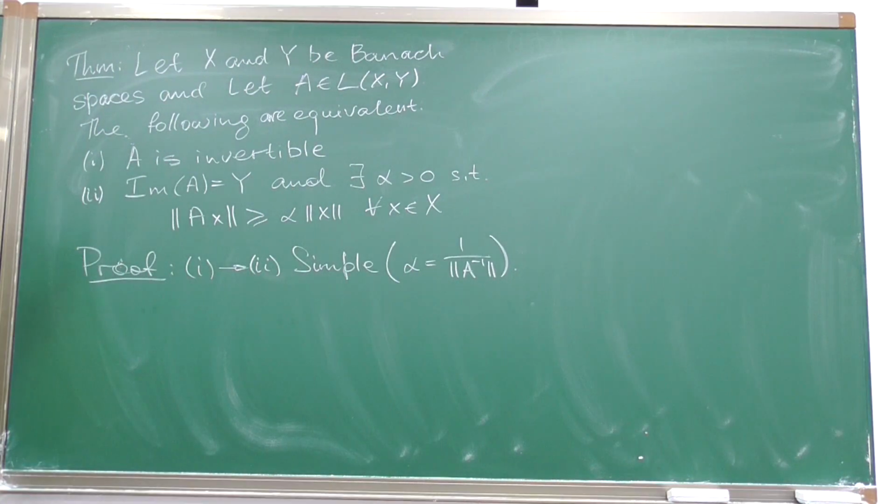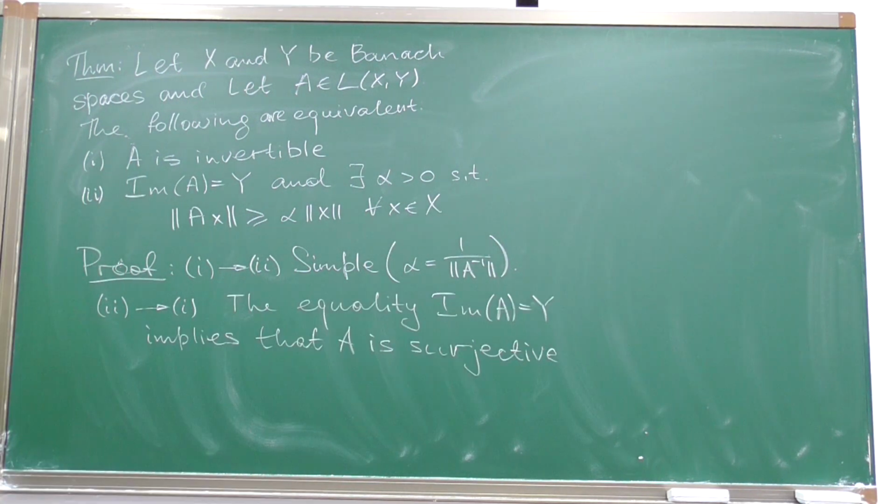I will prove the implication from 2 to 1. Let us suppose that the image of A is Y, which means in particular that A is surjective. And from the inverse mapping theorem, we know that if the mapping is bijective, then it is invertible.